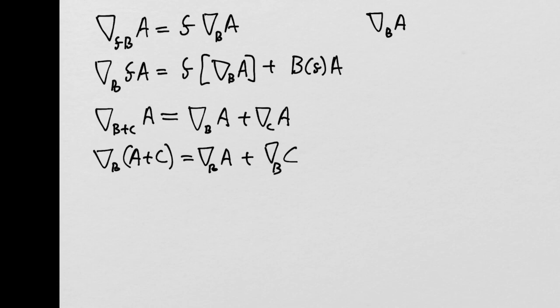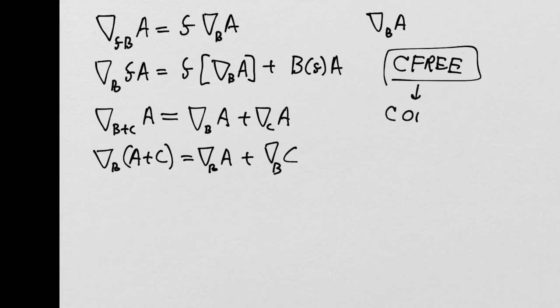This does give us a hint on how to do our conversion from the CFREE, which is what this notation is, coordinate free, into the comp notation, which is the coordinate-based notation involving components. And you can see a couple examples that are worth diving into.